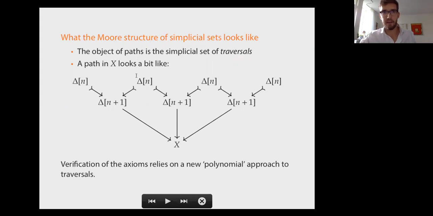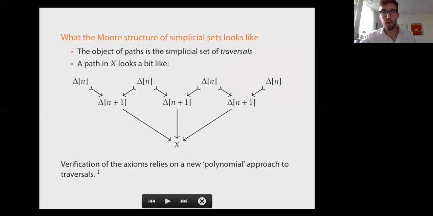And a path in a simplicial set X looks a bit like this. Here on the left, we have an n-simplex in X. On the right, we have another n-simplex, and there's a path between them. And these are not just any face maps, but they satisfy some combinatorics, like they walk down or they walk up. So it's not any face maps, but there is a subtle combinatorics that actually turns traversals into a simplicial set.